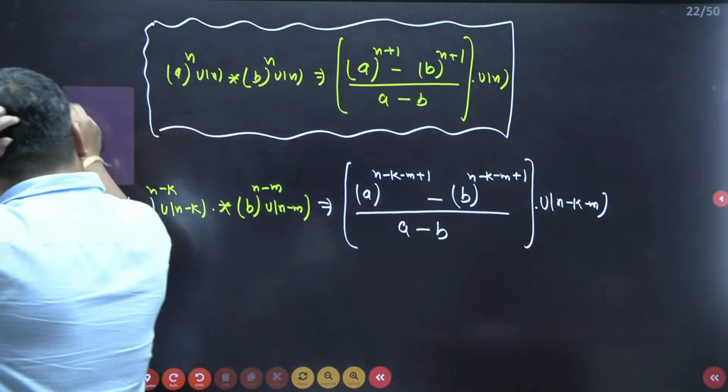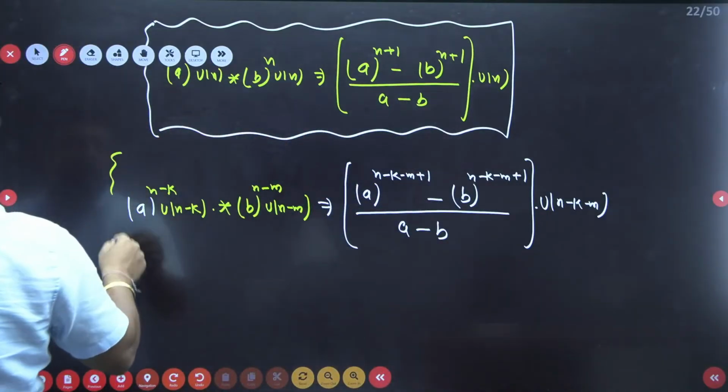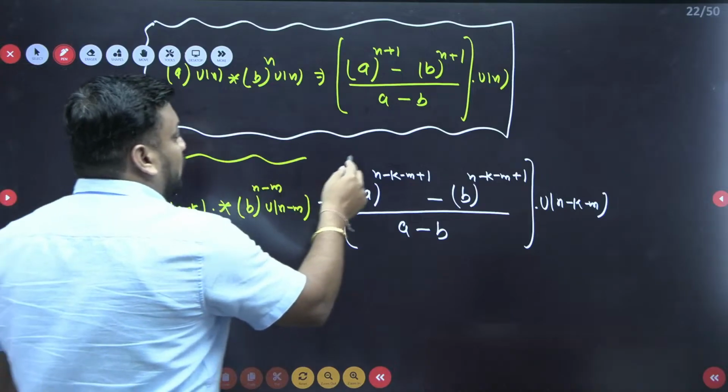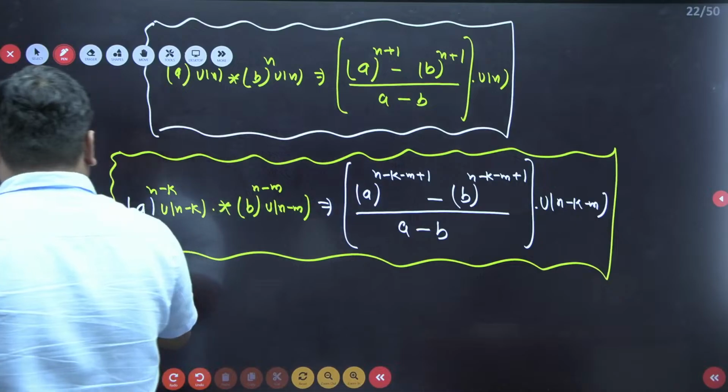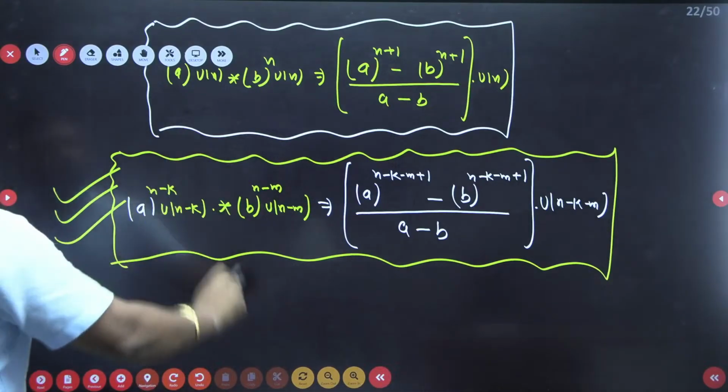So this is your final answer, guys. Do reply, is this clear or not? I hope you all are getting the same. Do reply fast, yes or no.